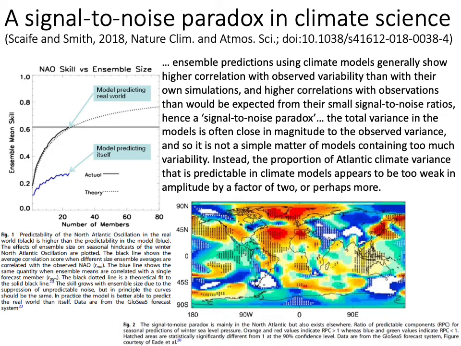Now, one of the emerging paradoxes in climate science is the signal-to-noise ratio paradox, where models appear to be able to predict the real world better than they are able to predict themselves. You might expect the perfect model experiment to provide the upper limit to the predictability, since the model represents some aspects of the real world.